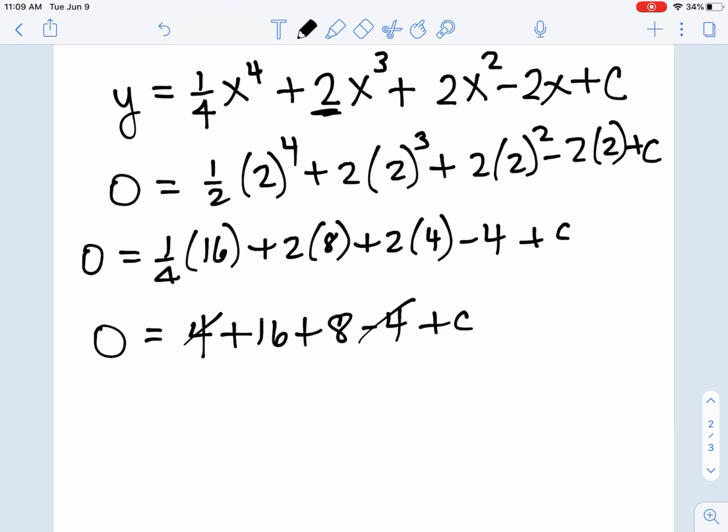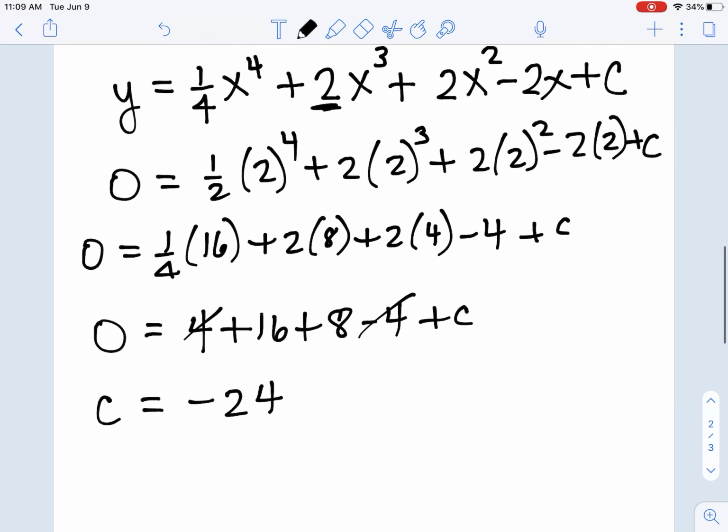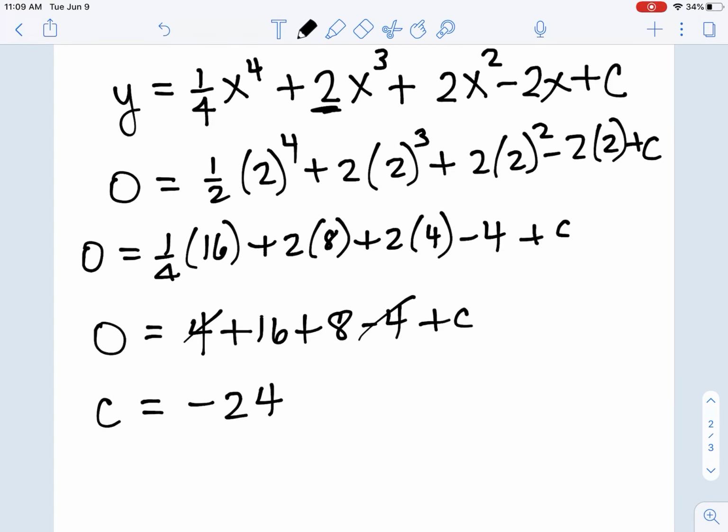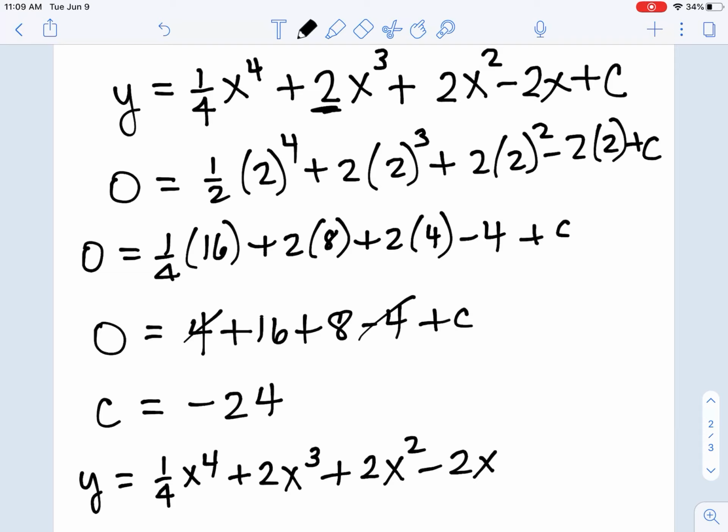The 4 and minus 4 go away, so c is equal to negative 24. Then I just write the answer from back up there. y equals 1/4 x to the fourth plus 2x to the third plus x squared minus 2x, and then instead of c, I write minus 24.